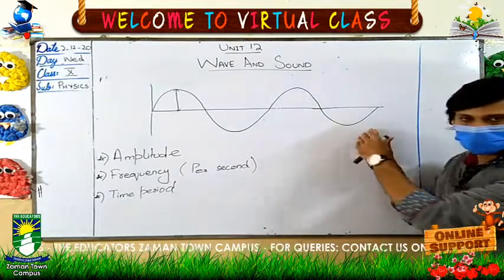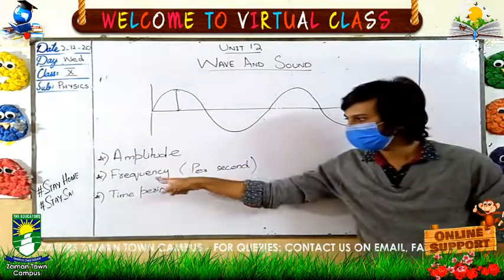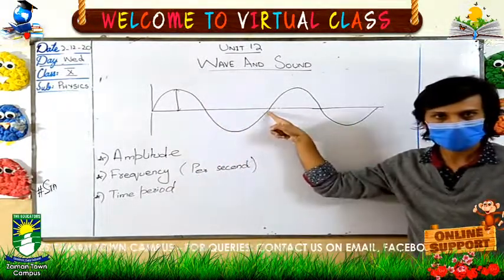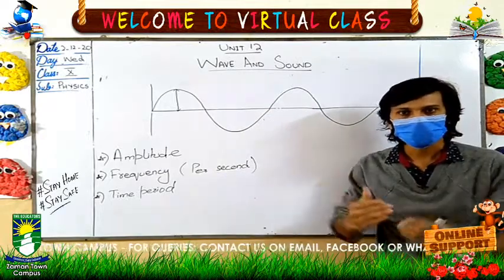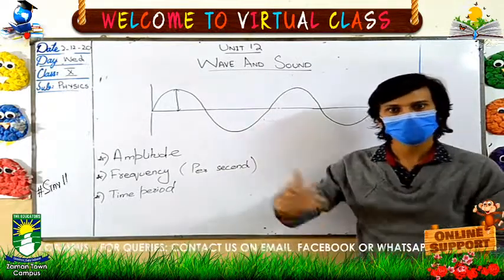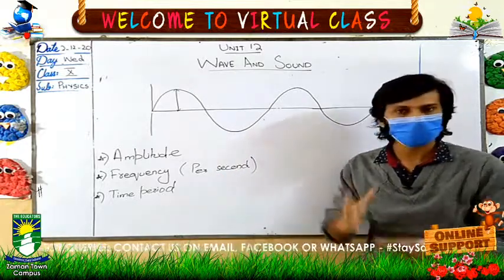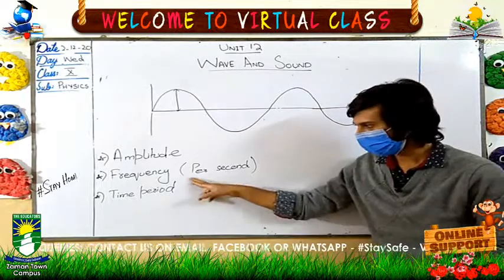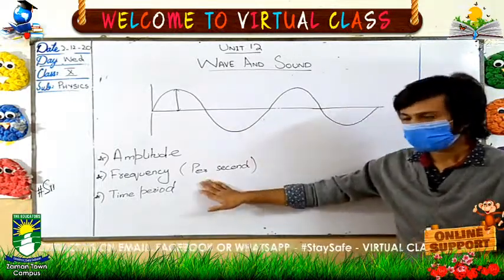In this case, if this wave is traveling in 1 second from that point to this point, the frequency is 2 cycles per second. It means frequency is the cycles formed by any wave per second, per unit time we can say, because the SI unit of time is second, so that's why I am saying per second, but we can say unit time as well. Getting, class?